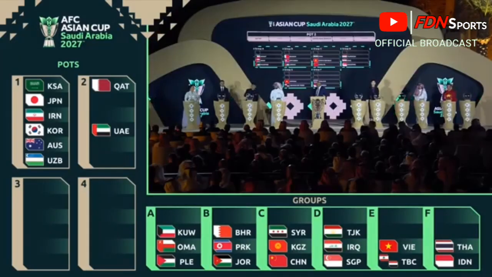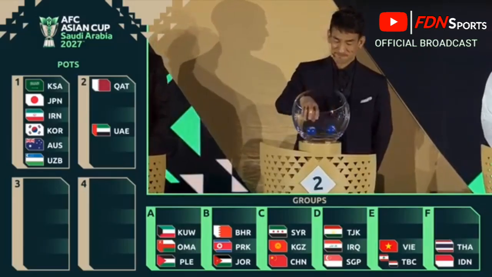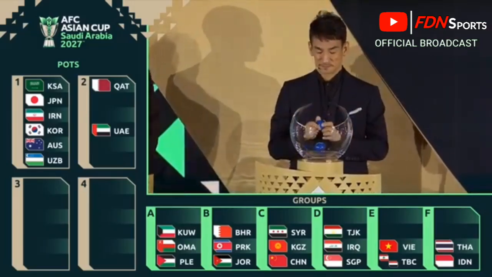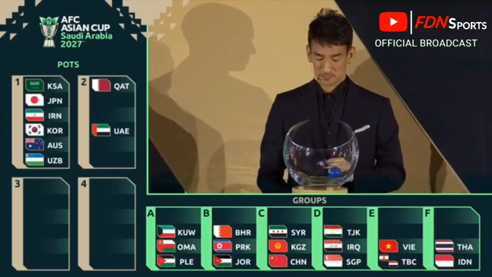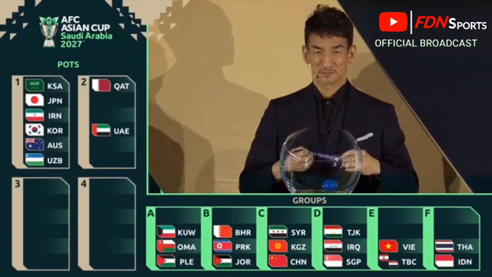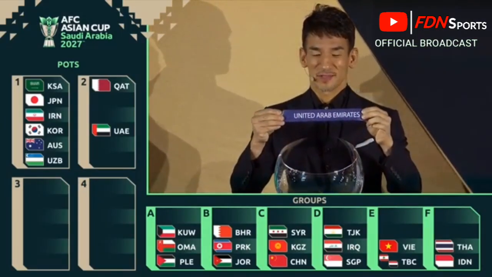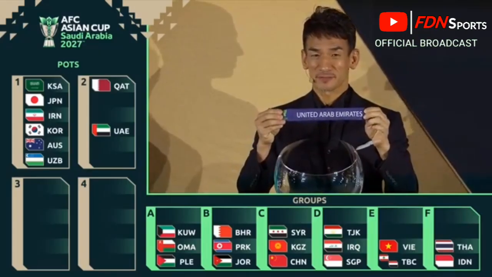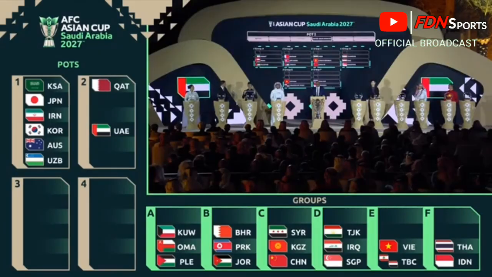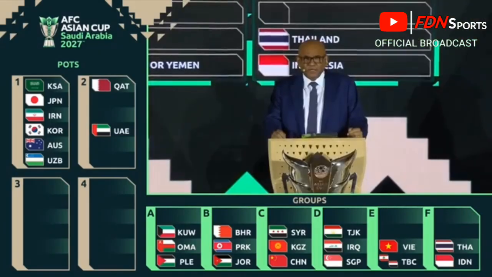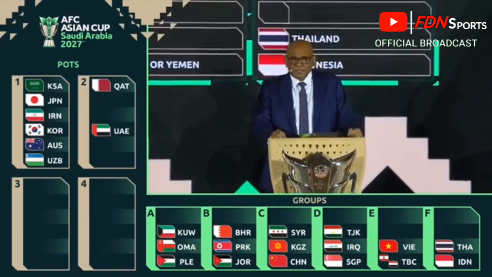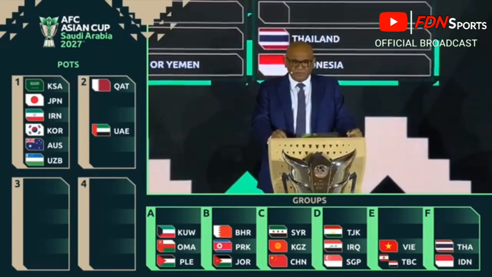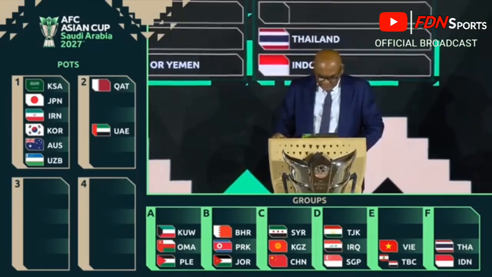Last 2 balls. United Arab Emirates. United Arab Emirates, host of Asian Cup 2019. UAE achieved their best results as host, finishing runners-up in 1998 and semi-finalists in 2019.